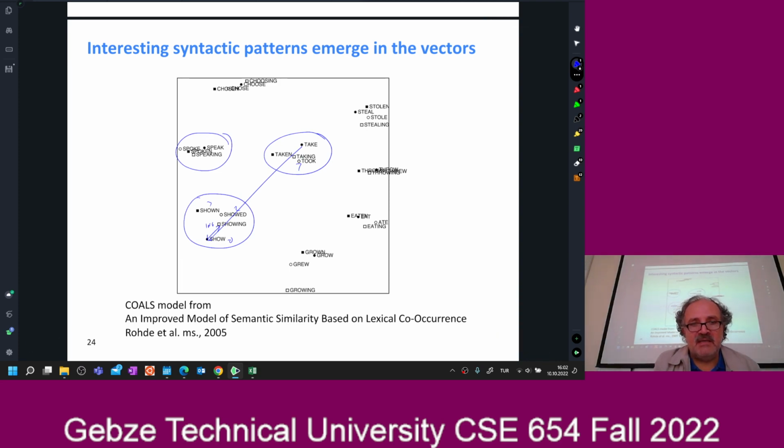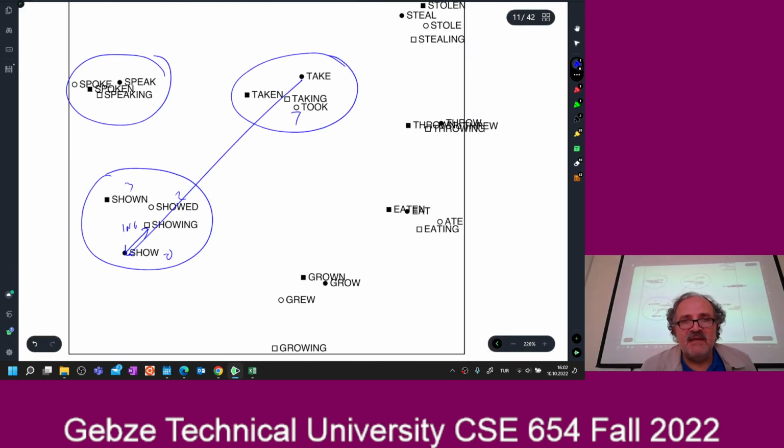Okay, and these are from a 2005 paper. These are some examples of two-dimensional projections of 100-dimensional data. As you see, all the different forms of take are very, very similar.